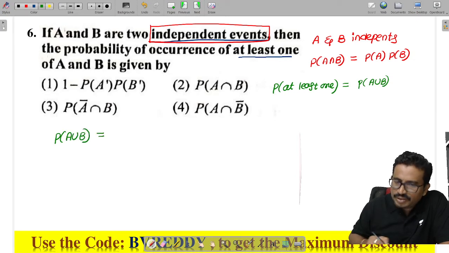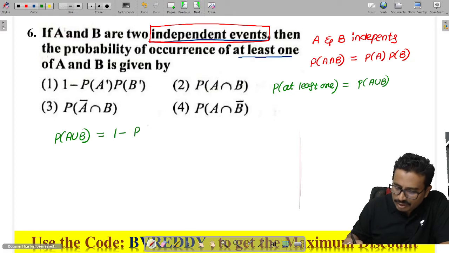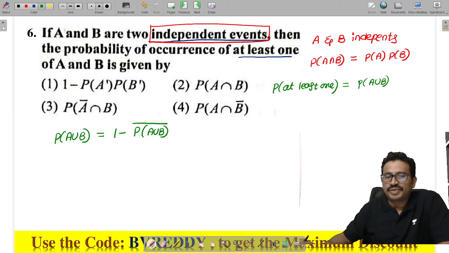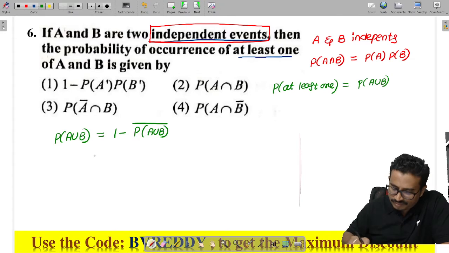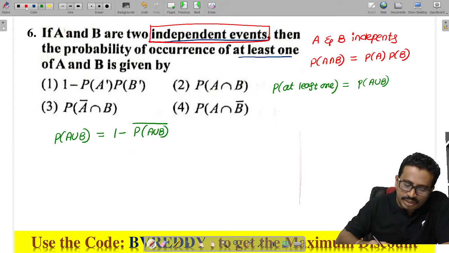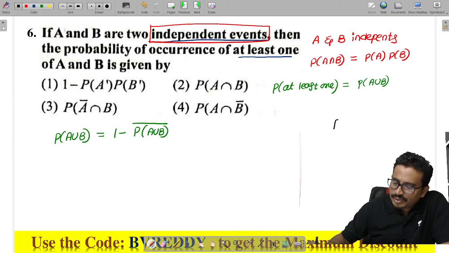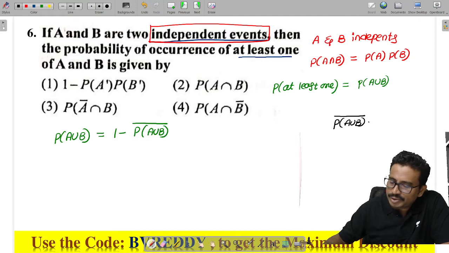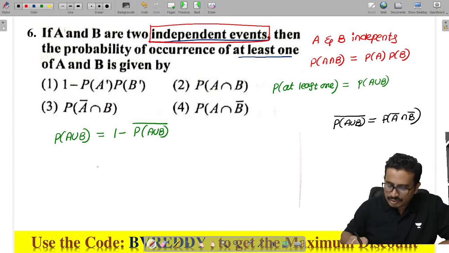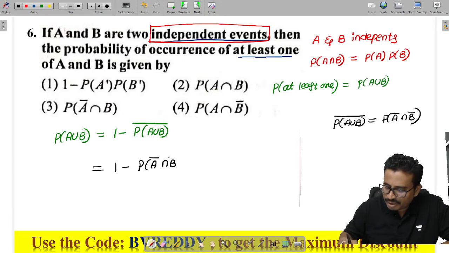Now P of A union B we can write as 1 minus P of A union B whole bar. According to De Morgan's law, P of A union B whole bar is equal to P of A bar intersection B bar, so it is given as 1 minus P of A bar intersection B bar.